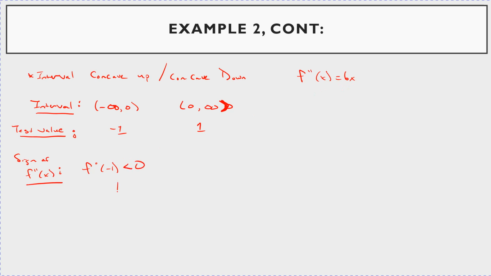That's less than 0, so what that means is you're concave down on this interval. And if you plug 1 into the function, you get 6 times 1, which is 6. That's greater than 0, so you get concave up on this interval.